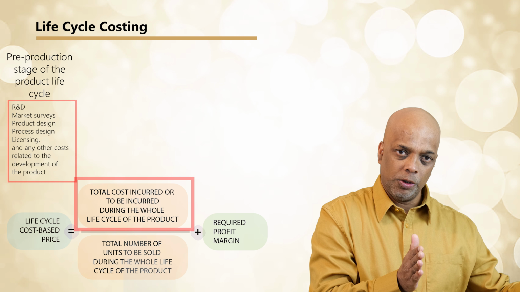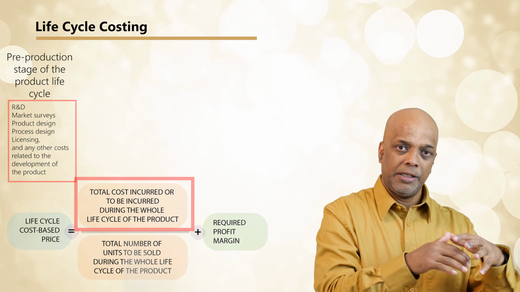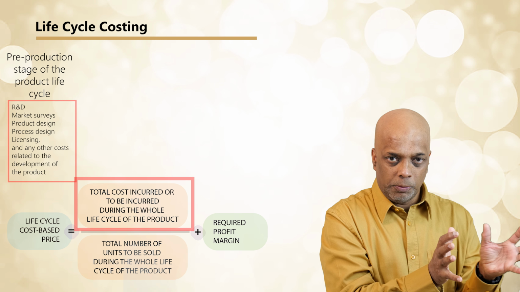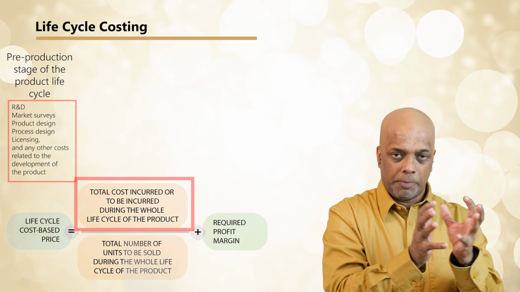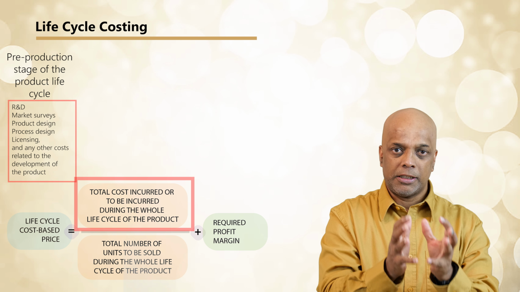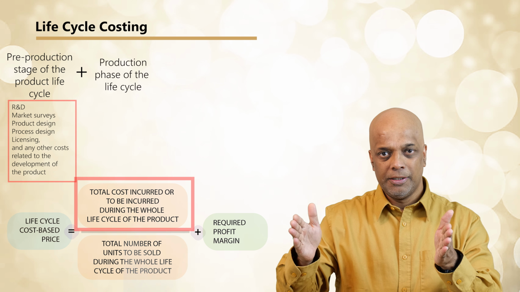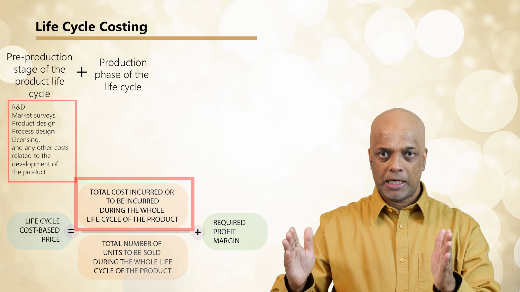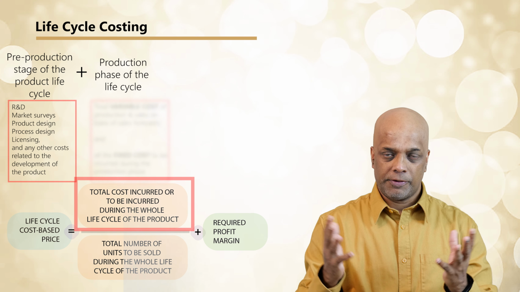And that design includes the design of the product, design of the process, and design of the infrastructure, and so on. So the total cost to be incurred to make sure that the production or the product is ready to be produced. And then you have the production phase. So in the production phase, you can use your typical accounting techniques of calculating cost.